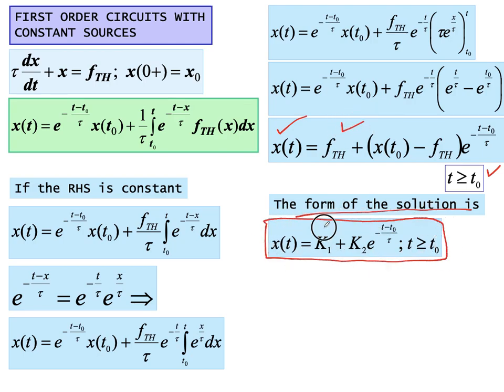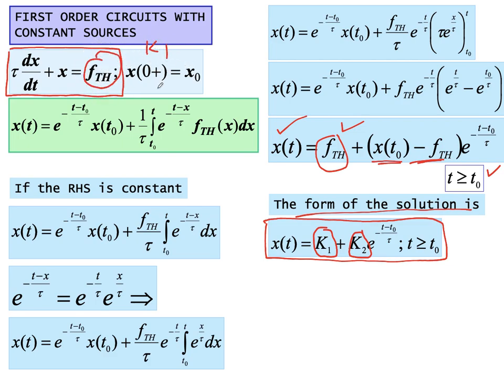So in this case we can see this k1 is nothing else but the forcing function, which is the value of the source. K2 is basically the difference of the initial value and the forcing function. So if we are able to find the equation of the circuit in this form, whatever you have over here will be your k1, and the coefficient of the derivative will be your tau, and since you know the initial condition, x naught minus f Thevenin will be your k2.